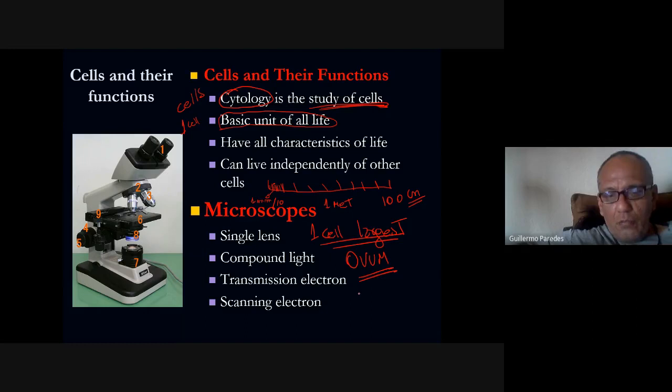It measures about 0.1 millimeters, which is the same size that we can see with the bare eye. In conclusion, the ovum is the only cell that you can see with your bare eye. It's about 1/10 of 1 millimeter, which is the maximum capacity of the human eye to visualize a structure.